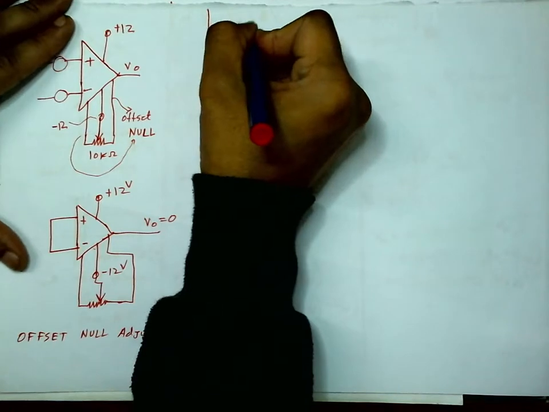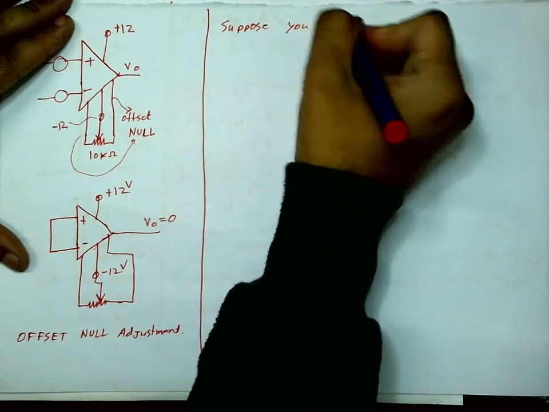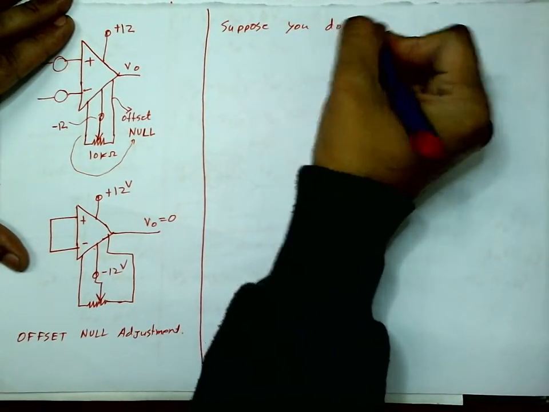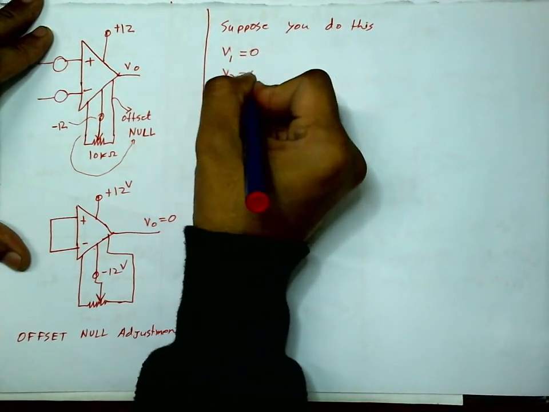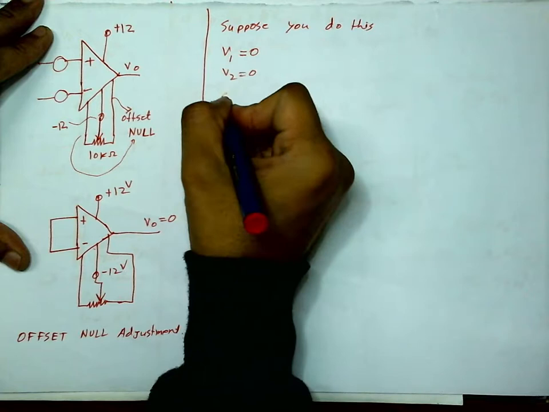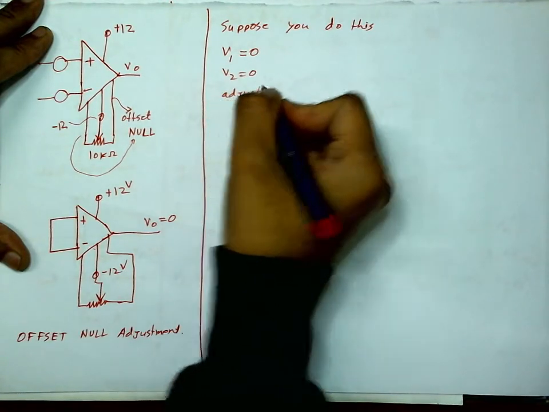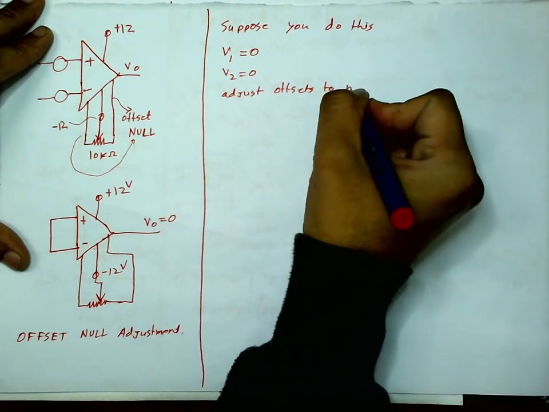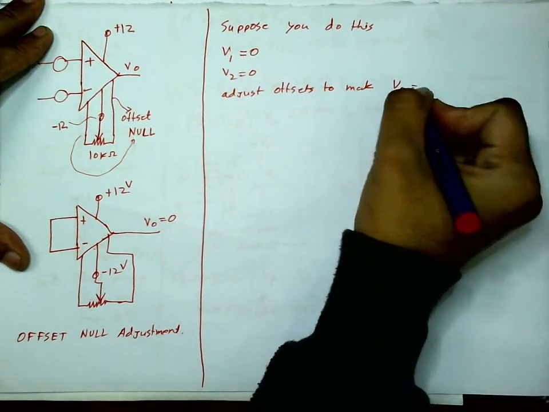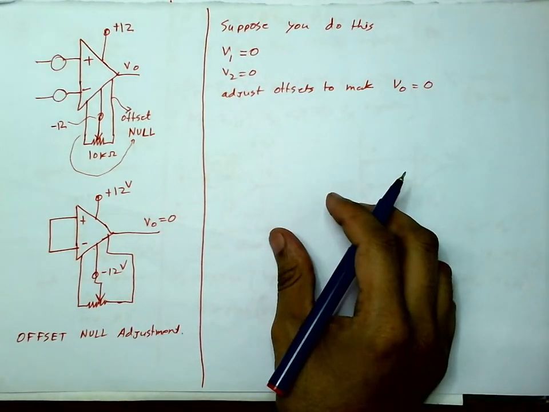Suppose you make V1, one input, equal to 0, V2, another, equal to 0, and adjust offsets to make the output VO equal to 0. Suppose you do this.